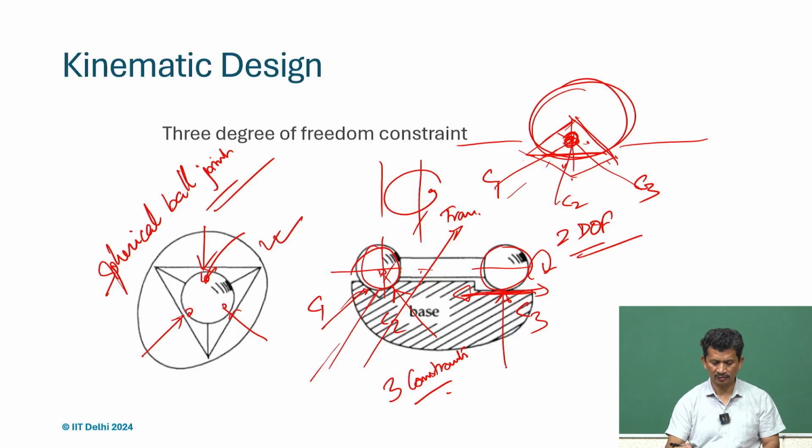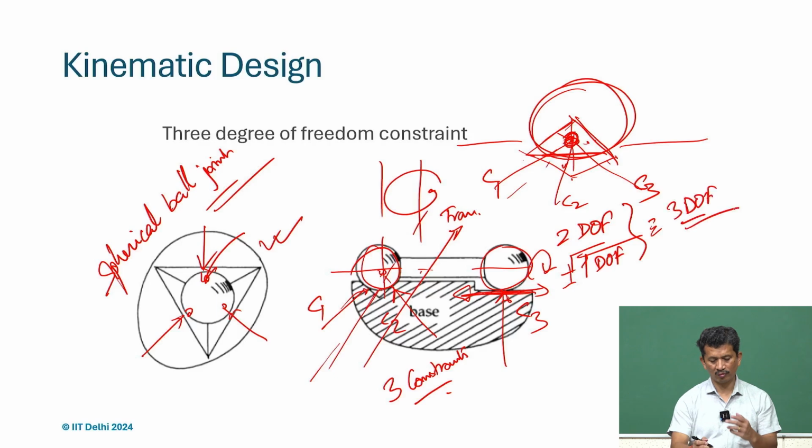So, it can rotate, plus 1 rotation along the axis itself. So, 1 more DOF, total 3 DOF. So, 1 translation and 2 rotations, one along the plane and the other along its own axis.